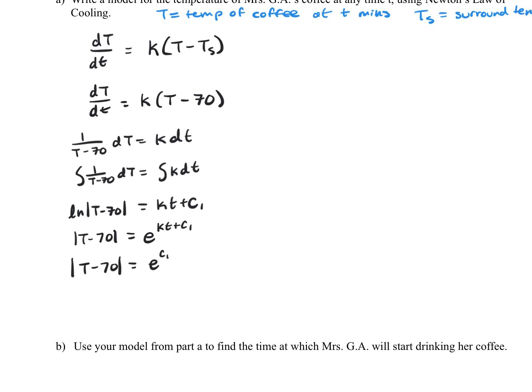So e to the power of c1, which is just a constant, and e to the power of kt. And again, here we're just going to call c2 e to the power of c1, and we're going to encompass the plus or minus from our absolute value. So we can write this as T minus 70 equals c sub 2 times e to the power of kt.